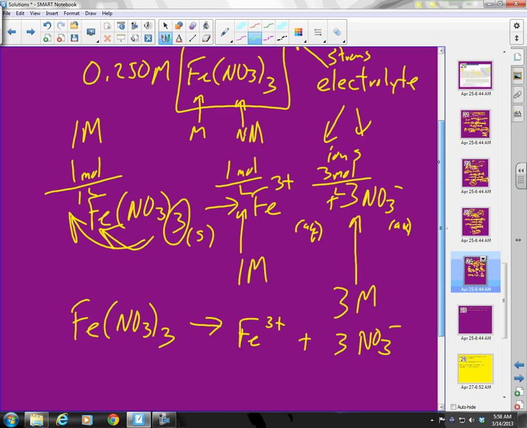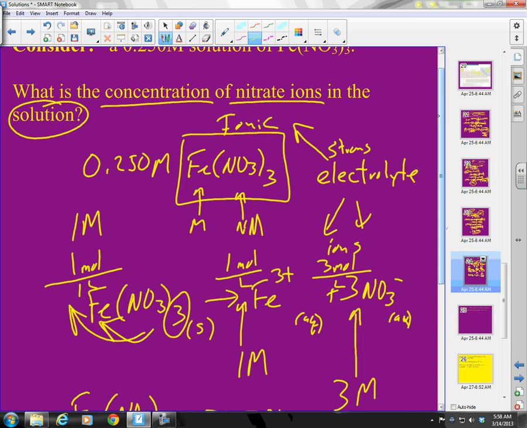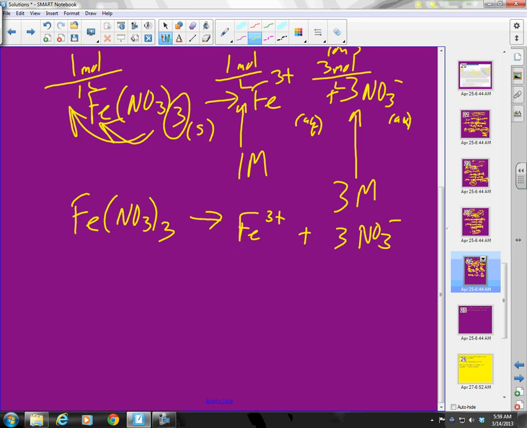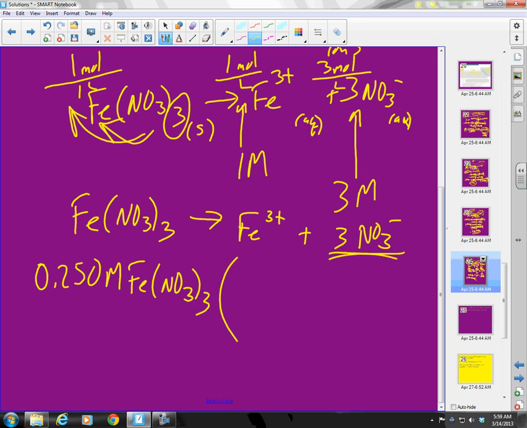So if I have 0.25 molar, I have 0.250 molar iron 3 nitrate times, and I want to know what's the concentration of my nitrate. I have what? 3 nitrates per every 1 iron 3 nitrate.